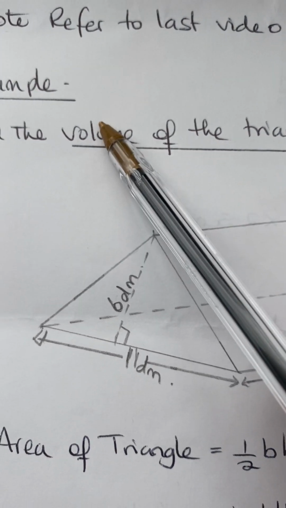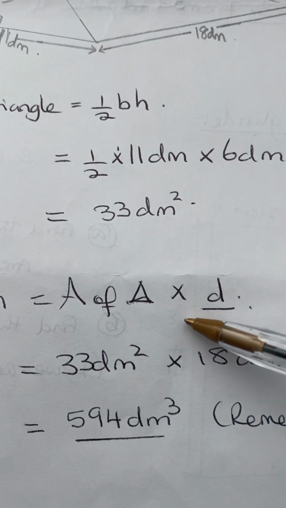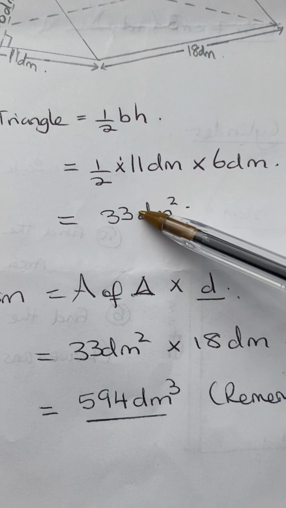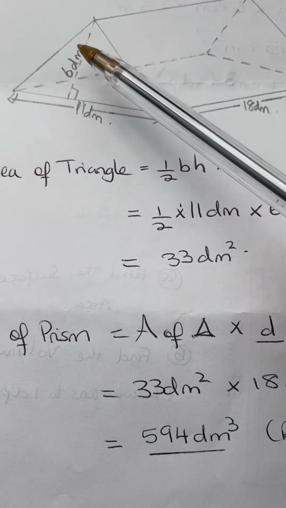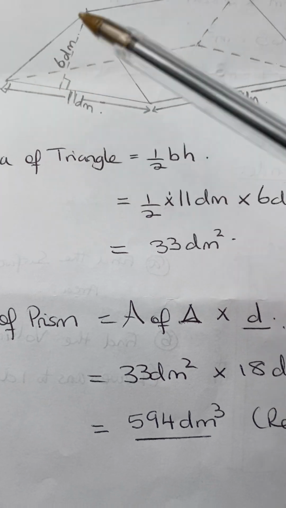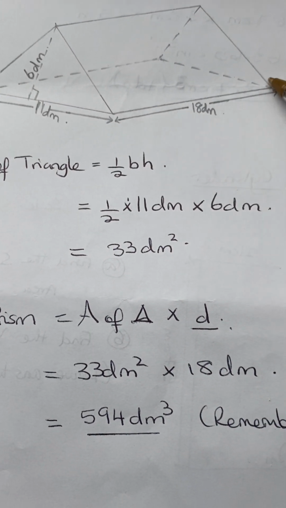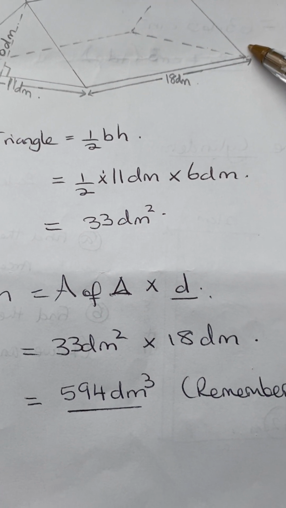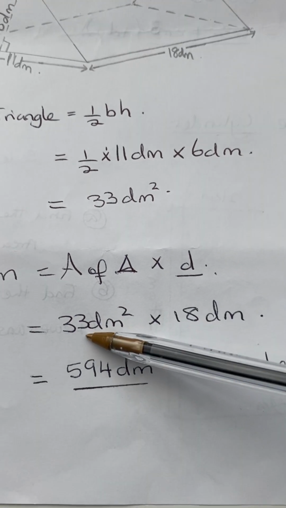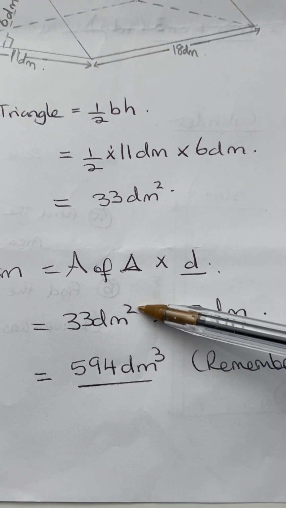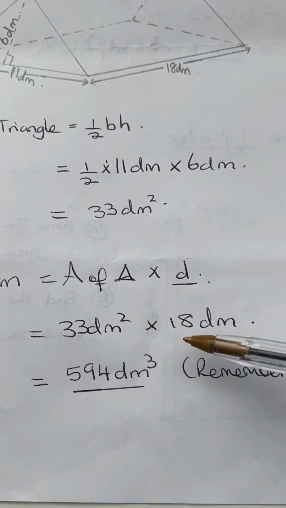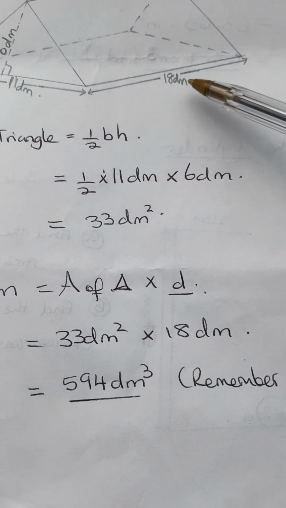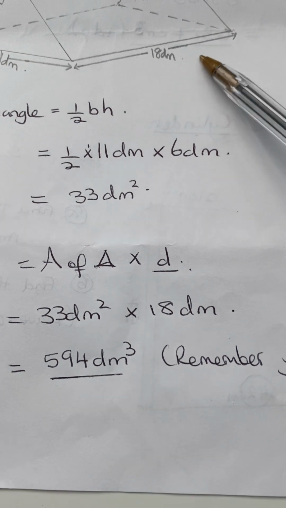So the volume of the prism is the area of the triangle part, this part, times this length here. So it's 33 decimeters squared, that is the area of the triangle, times 18 decimeters, this length here.